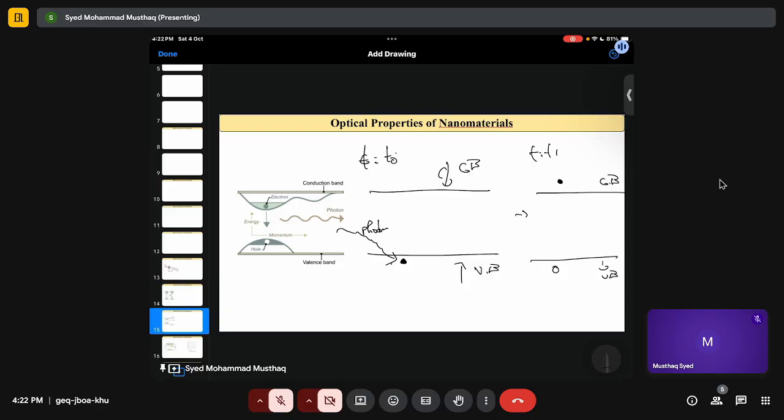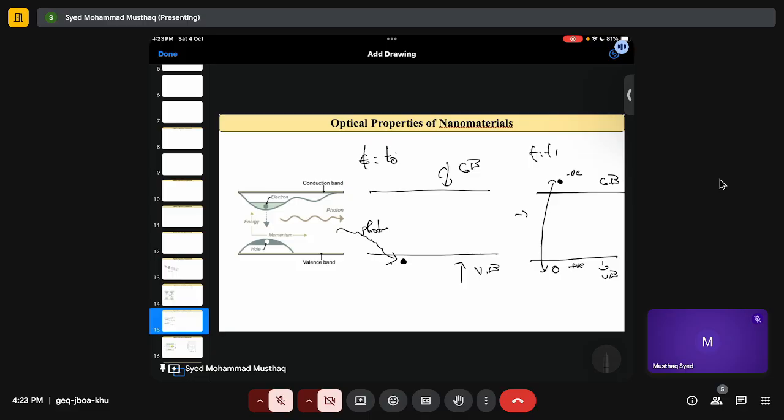Right. Now this electron will have negative charge, and the hole will have positive charge. Or rather, I shouldn't say positive charge, it doesn't have any charge, okay? So this electron and hole pair will have an interaction, and they will get bound, right?